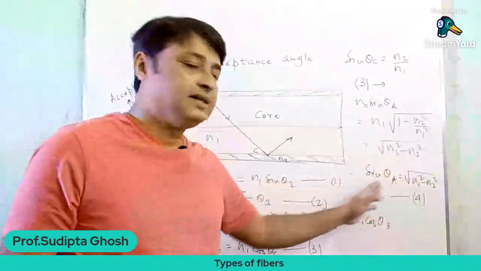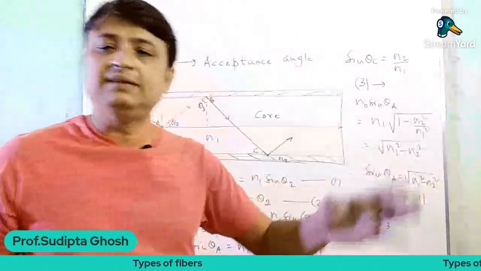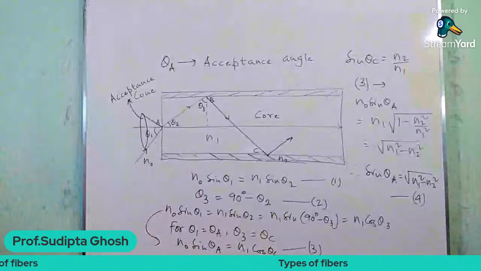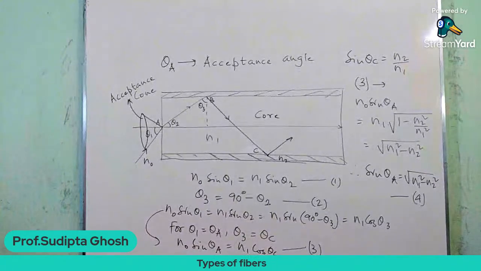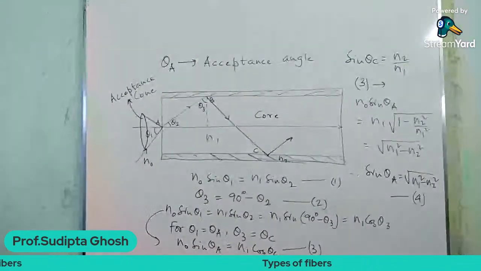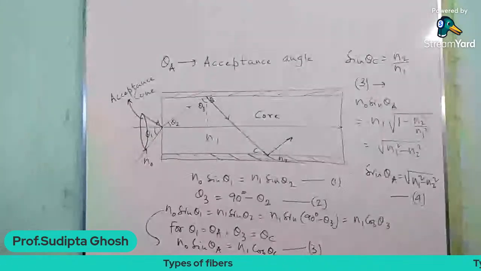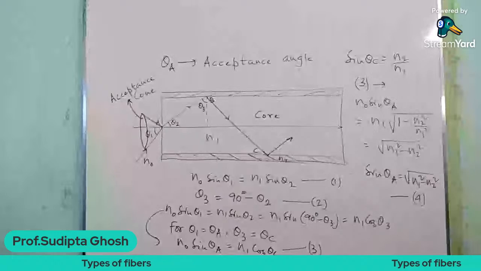This value, either n0 sin theta A or only sin theta A, as I have substituted n0 equals 1 to reduce the equation, nothing else, is defined as the numerical aperture. So n0 sin theta A or sin theta A is known as the numerical aperture of the fiber.